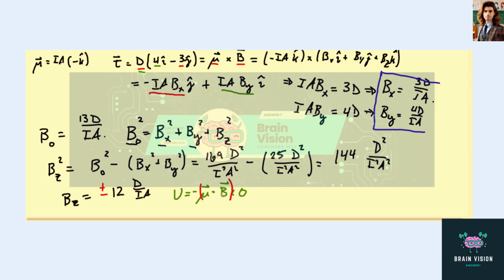So the Bz component points in the same direction as the mu z component. Since the magnetic moment points in the negative z direction, the Bz component must point in the minus z direction as well. Finally, I can use that to add the last piece of information, so it has to be minus 12d over IA. And that will give you all the components that you need for the problem.